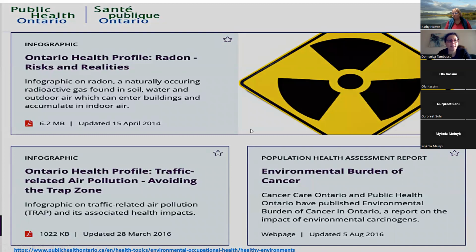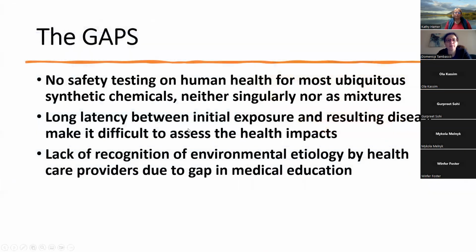Furthermore, out of the many thousands of synthetic chemicals in use in our everyday lives, only a small fraction of these have been tested for safety to humans. The 2016 chemical data reporting to the EPA showed that over 8,000 chemicals were used in commerce.